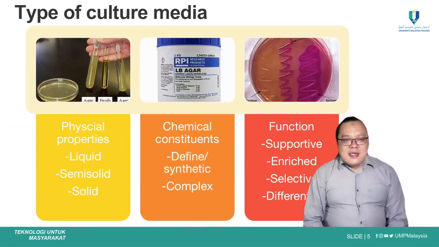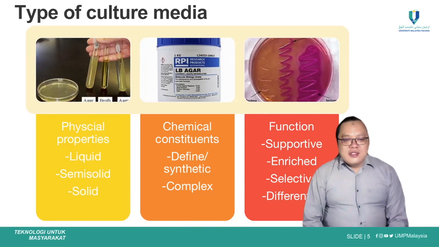As you can see from here, culture media can be differentiated based on several criteria. We can group the types of culture media based on physical properties, chemical constituent, and function. Based on physical properties, as you can see from the figure itself, it can be in liquid form, semi-solid, and solid.